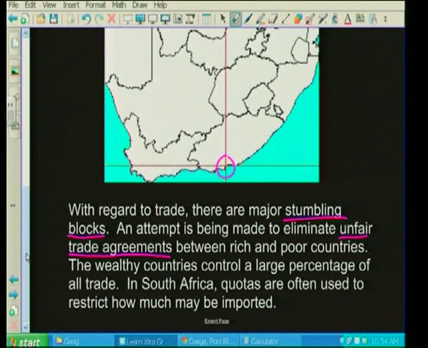The wealthy countries, if you look at the rest of this paragraph over here, basically control a large percentage of all trade. Because they've got resources, power, and money, they can basically say how trade happens or doesn't happen. In South Africa, quotas are being used, right? We're trying to control how this happens so that we can restrict how much money is paid for imports rather than exports.